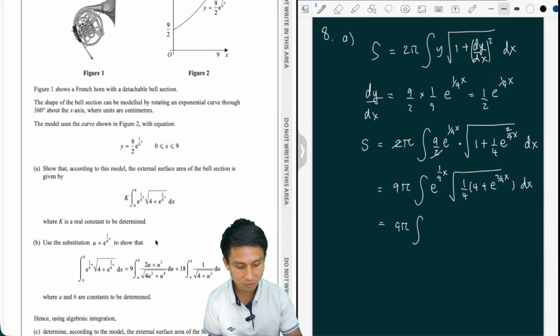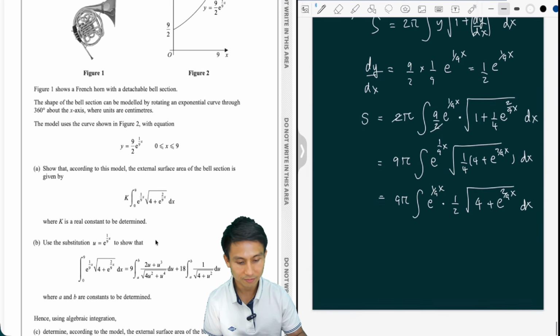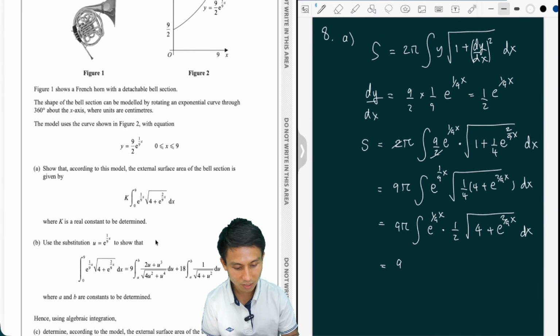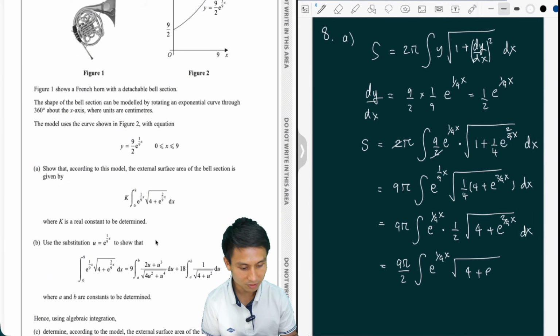And if you take the square root of 1 over 4, you get 1 over 2 outside here. And everything inside will be the same as they want. That means we can do 9 pi over 2 here, and then integral e to the 1 over 9x, square root of 4 plus e to the 2 over 9x dx.